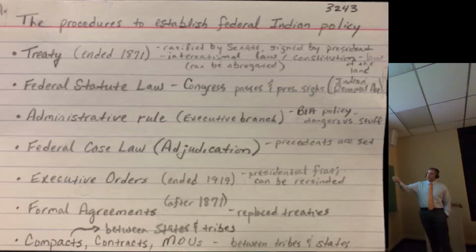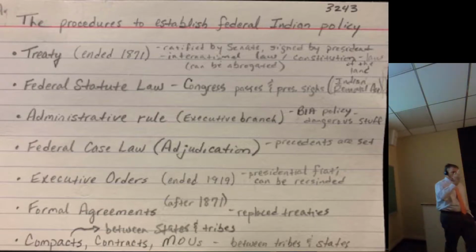Executive orders. And executive orders for Indian policy went on until 1919, and after 1919 you have, of course you know what an executive order is. That's basically executive power while the president is in office can put something into motion and say, okay, this is just an order, we're going to do this, we're not going to vote on it, and if a new regime gets elected later, what's the first thing they do?